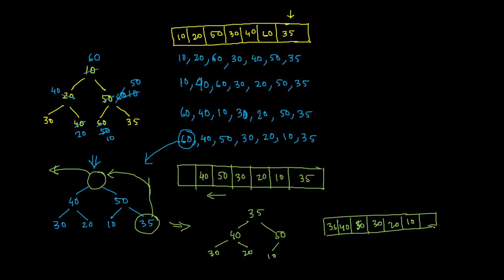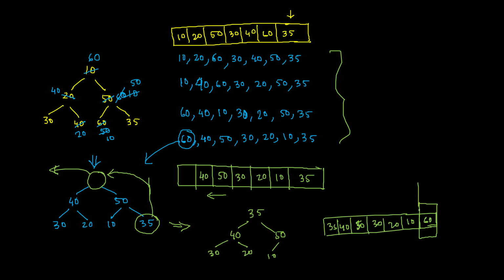But as soon as it is shifted, this particular part remains open, free. Now what you can do, the value that you have just taken out, that was the maximum value you got from the first iteration, you can put this 60 over here. But it is not part of the remaining complete binary tree.